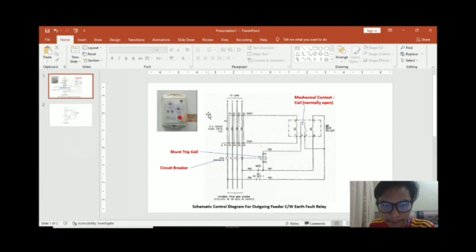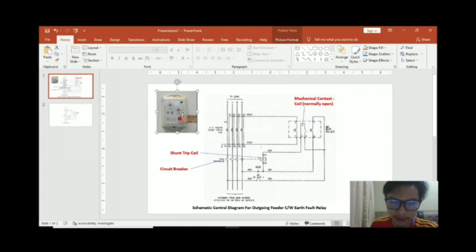Okay, for the CT, we have one primary and 4 secondary. The maximum current through this wire is 5 A, and here is a picture of the EFR.